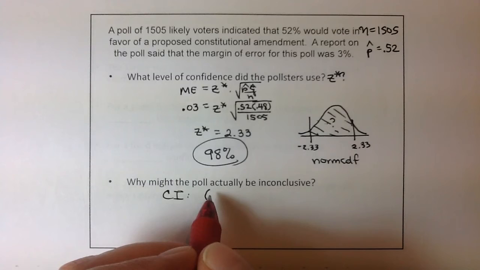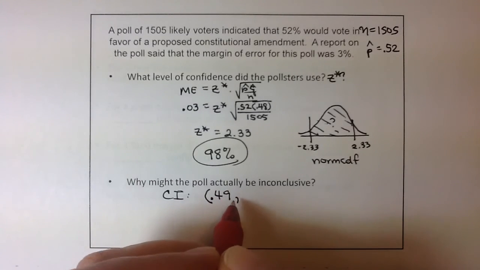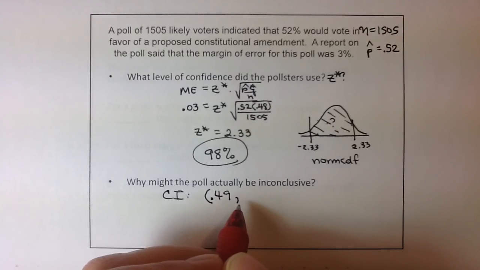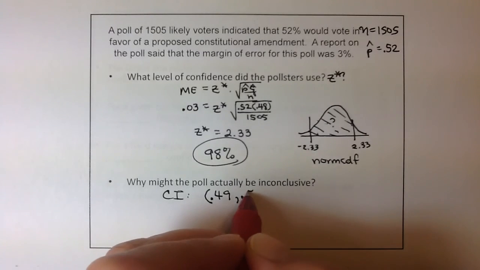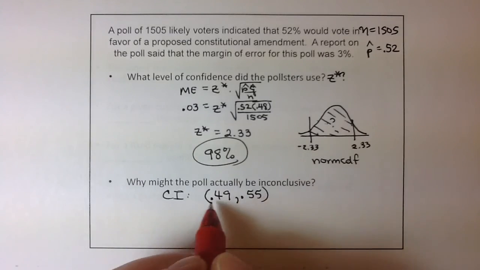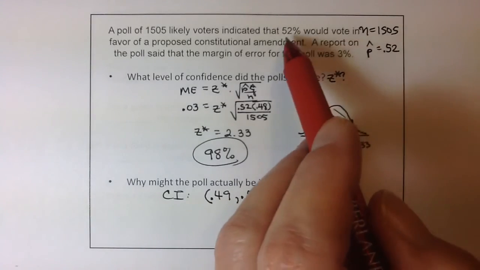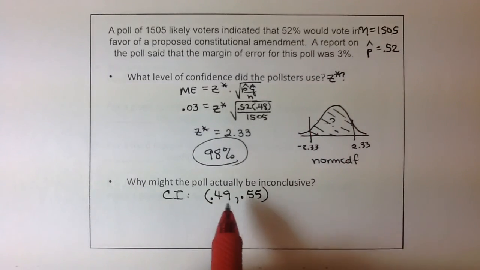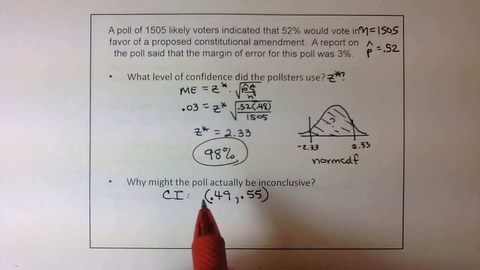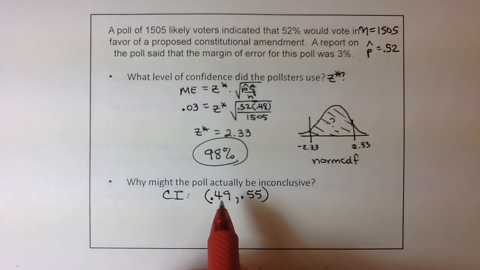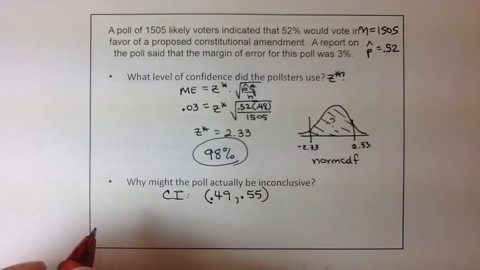So we could go 3% below 52%, which is 49%. And the upper bound is 3% more than 52%, which is 0.55. So this is the actual confidence interval based on the information given up here. 50% lies in there. As a matter of fact, 49% is below half, 55% is above half.